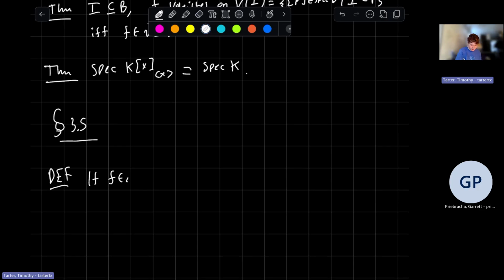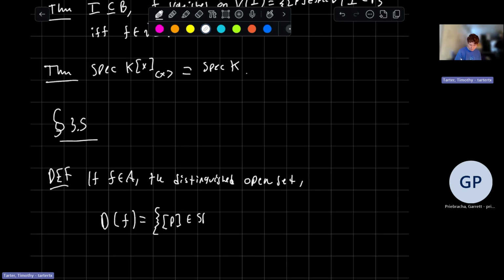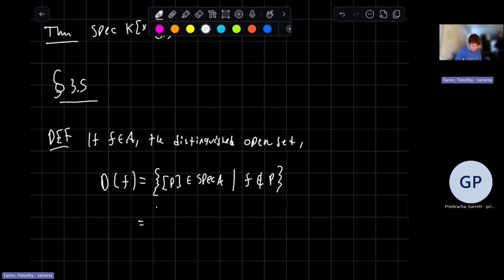If F is in A, the distinguished open set D of F is the set of all P in spec A such that F is not in P. Equivalently, this is all of the P in spec A such that F of the class P is non-zero.